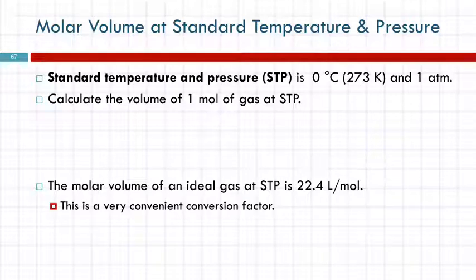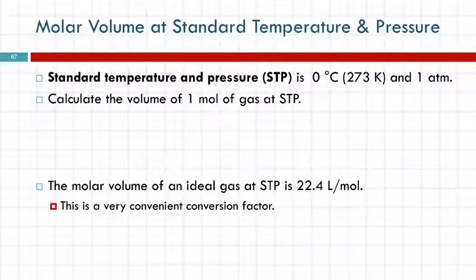We have a set of conditions we call STP, standard temperature and pressure. Standard temperature is 0 degrees Celsius, which is equivalent to 273 Kelvin. Why do we choose that for standard temperature? I think because it's very easy to achieve. Whatever you have, your gas, put the container in a bath of ice water.